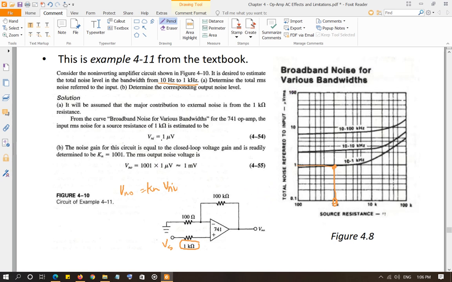And then you're going to figure out the value of noise gain. For both inverting and non-inverting amplifiers, as we discussed, the noise gain is 1 plus Rf over R1. So 100K over 100 ohm, which will be 1000. So 1000 plus 1, 1001. So Kn is 1001. 1001 times 1 microvolt is 1 millivolt. So the output RMS value due to the input noise is 1 millivolt.